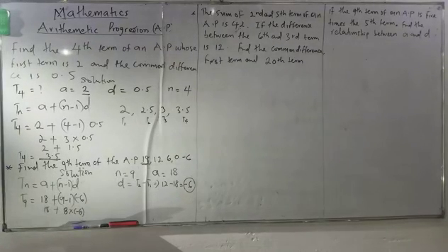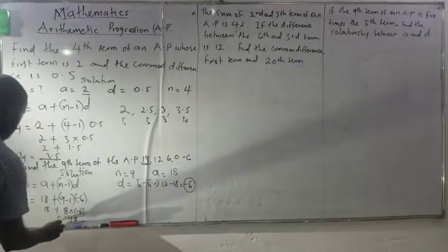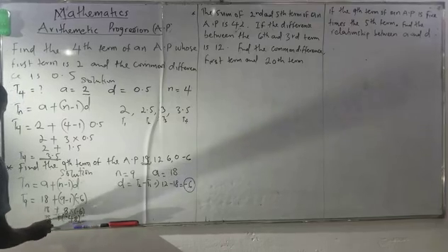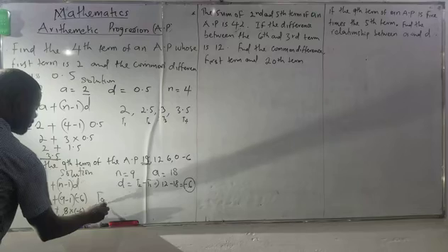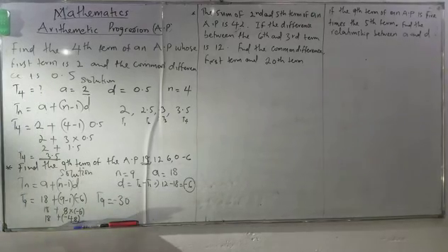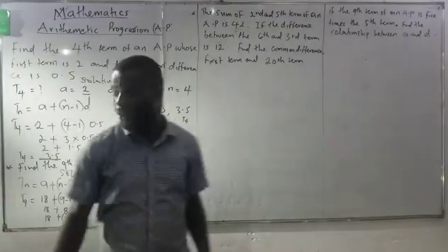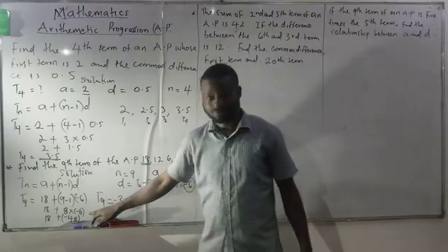It will be minus 48 plus 18, which is I'll be having minus 30. It means my T9 equals to what? Minus 30. Now, it means the number that is standing in position 9 on this sequence is minus 30.